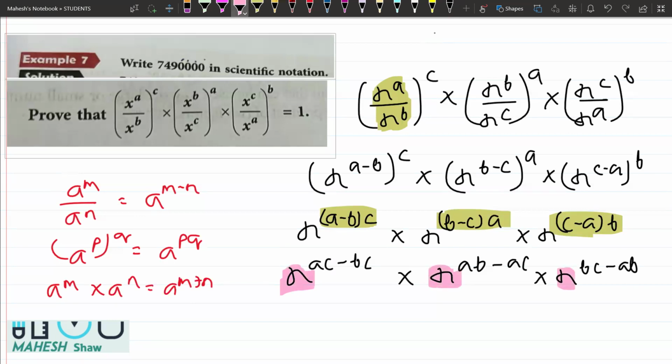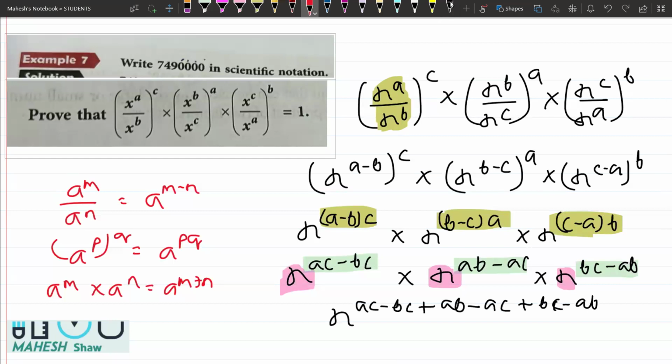So therefore, these powers will be added. Now, if I do so, it will be x raised to the power, adding the powers, this is ac minus bc, adding this to the previous, that is ab minus ac, and then adding this, that is plus bc minus ab.